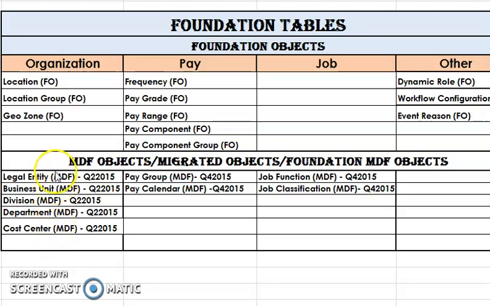As of now, only location group and geo zone are part of foundation data. For any configuration related to location group and geo zone, we have to configure in the corporate data model and country specific data model.